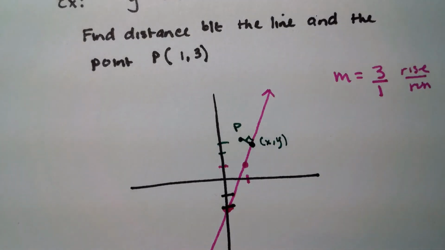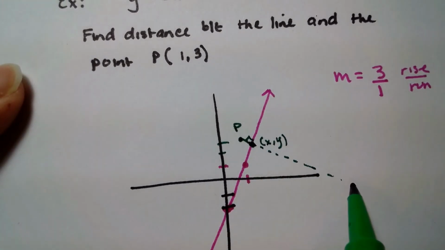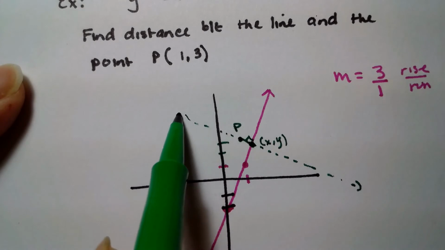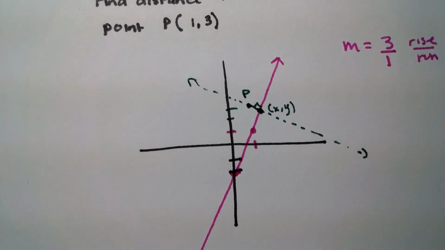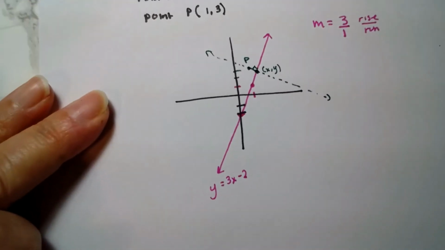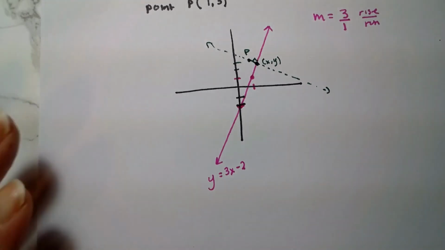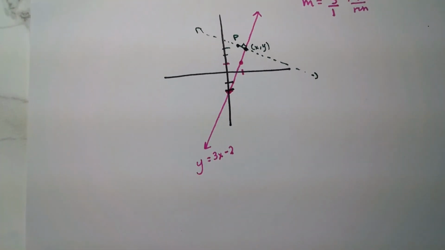Well, I need the equation. I can extend that little line out. This line is perpendicular to the pink line, right? Sorry about all that. I'm using my document camera, so I'm not used to using it to make videos.